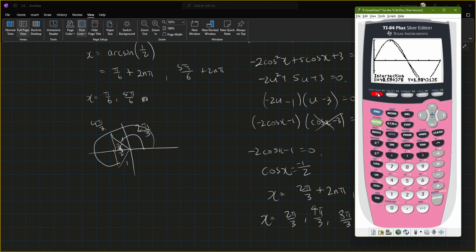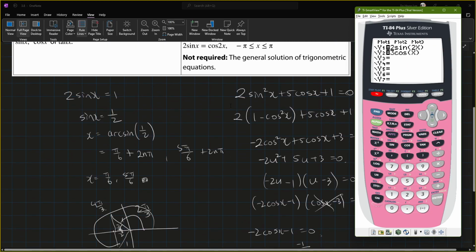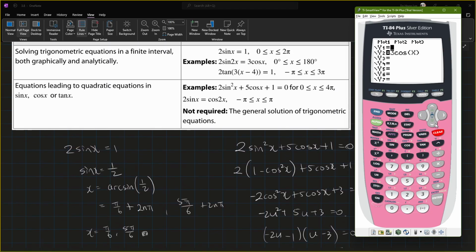Let's quickly graph the equation. It'll be 2 sine x squared plus 5 cos x plus 1.